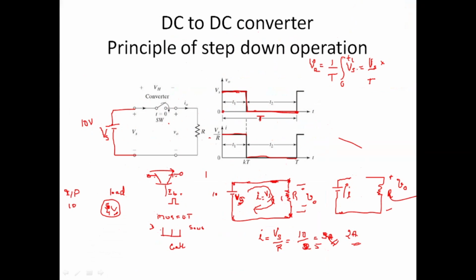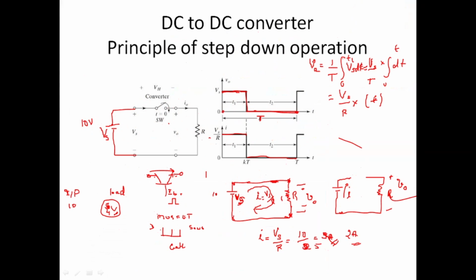So integration of dt, this is T. So Vs, integration of 0 to T1 dt. So that is equal to Vs by R. What is integration of dt? It is T.